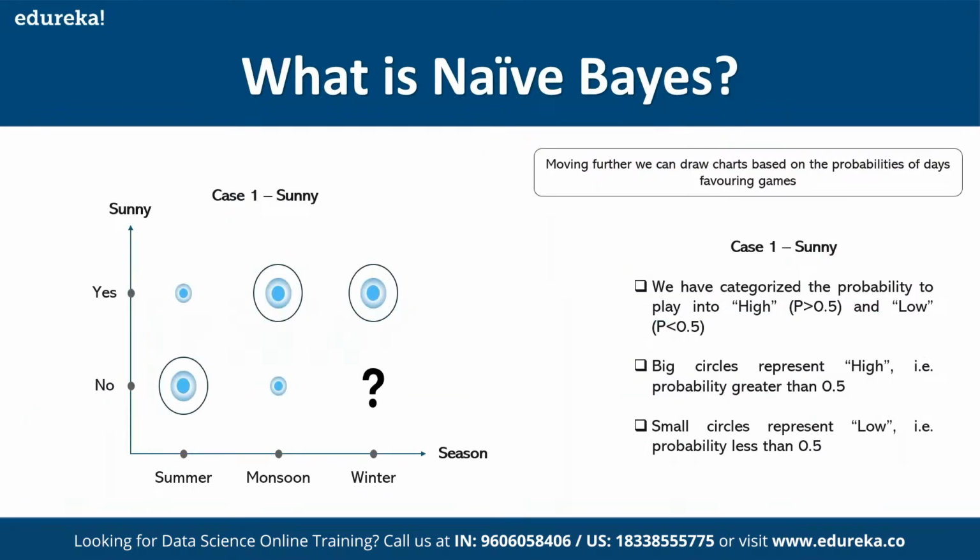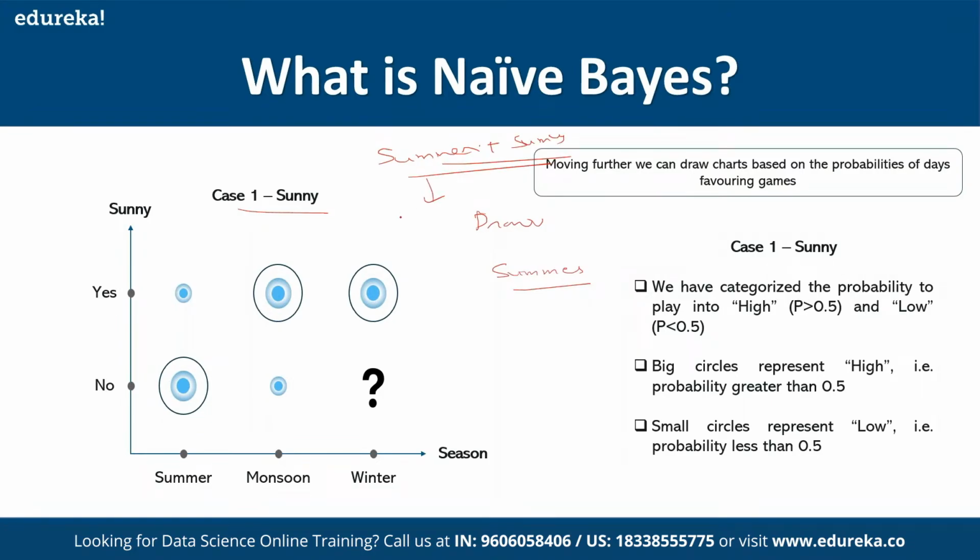Now it is not a so-linear problem, right? There are a lot of ifs and buts. Let's understand what the ifs and buts are. If I draw a probability, suppose it is summer, and the probability of playing football if it is very sunny, so it is summer and also sunny.